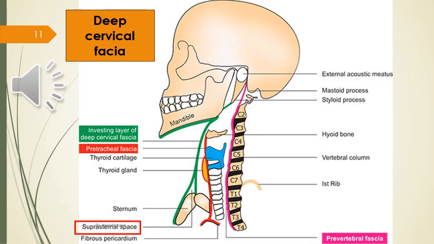Okay, here you can see the fascia. The investing fascia is also visible. The investing fascia attaches to the mandible, usually at the angle of the mandible, and continues inferiorly, forming various spaces. You can see in the picture the investing layer with the green color.